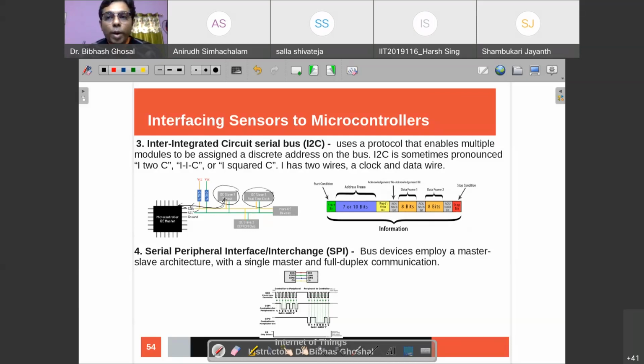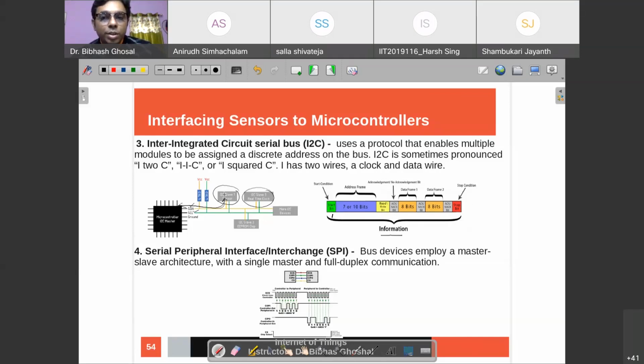But there is a way in which the data has to be sent, and that is the bit information. So there's a protocol. The I2C protocol says that overall, there will be 1 bit which defines the start bit. Then there will be 7 bits of address. Then there will be a read or write bit, whether you want to read from the slave or write to it. You want to have an acknowledgement because there's a handshake involved.